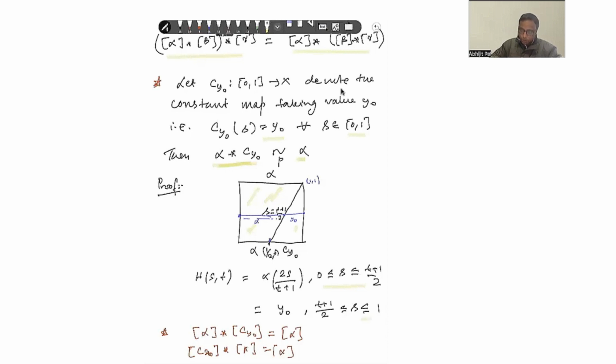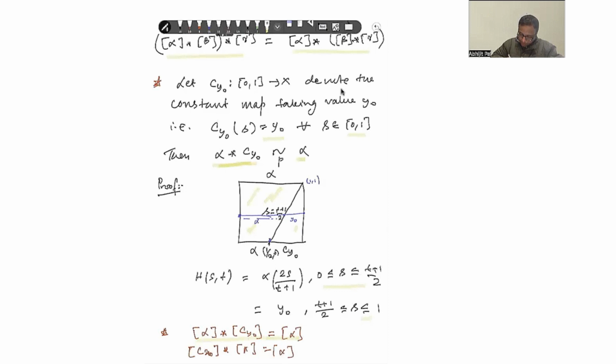So this gives you a homotopy between alpha star c_y0 and alpha. Therefore, these two things in the quotient space are the same. So the equivalence class of alpha star the equivalence class of c_y0 is equal to the equivalence class of alpha.